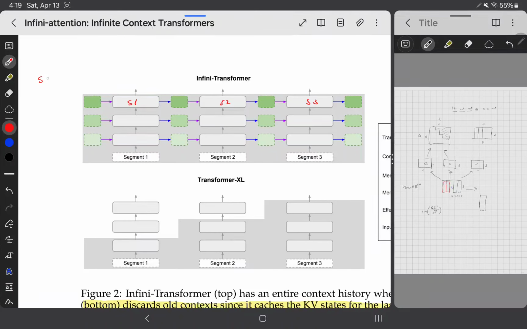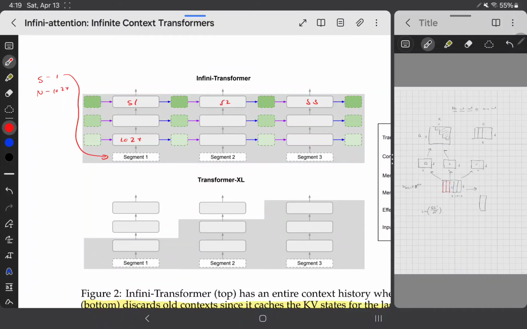So S is our segment number, and n is the number of tokens in each segment. n can be like 1024, and S is just the index: index 1, 2, 3, and so on, and each of these has 1024 tokens in it, or something like that.